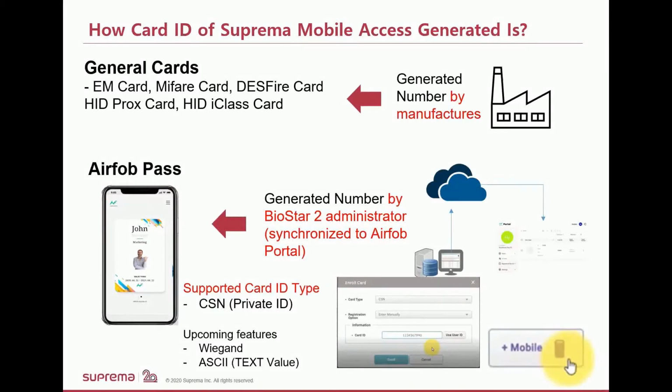Because of this, in order to know the programmed card number, there is a process of scanning the card directly on the device to visually check and register the number. On the other hand, the card number of AirFob Pass is a number created by the administrator through the Biostar 2 user credentials mobile button. Currently, only one card number method is supported for the CSN method, and other types will be available after that.